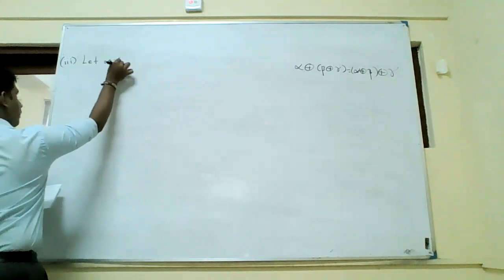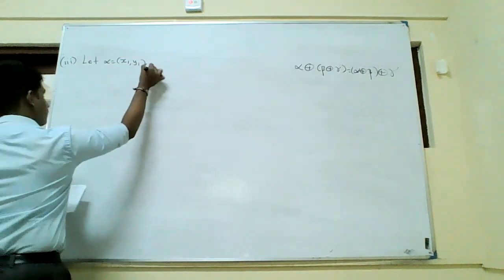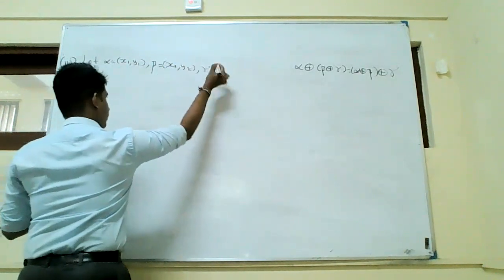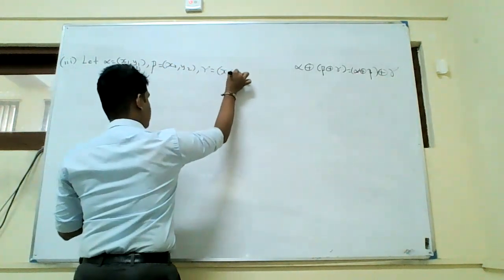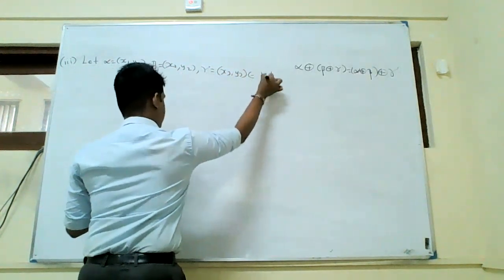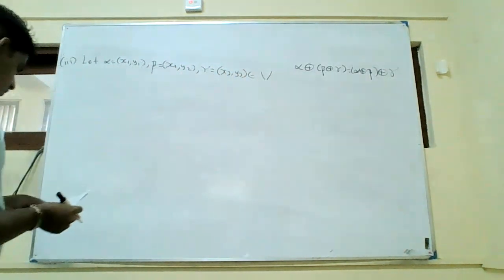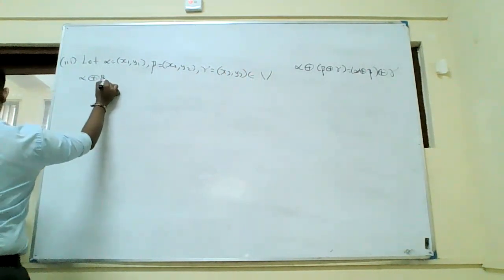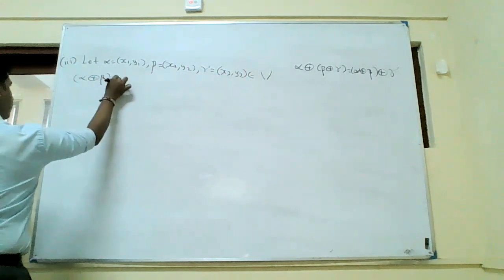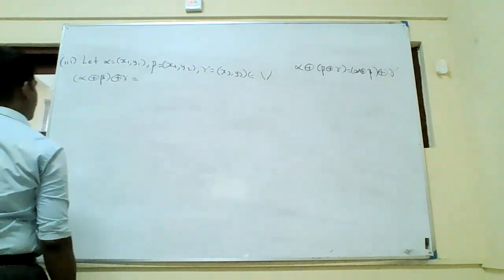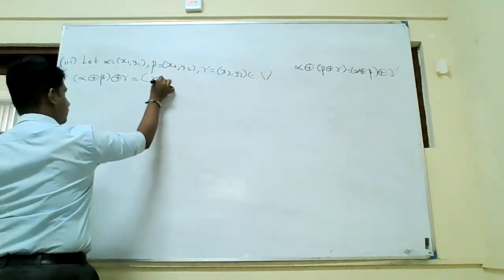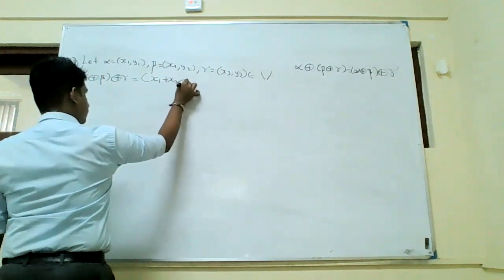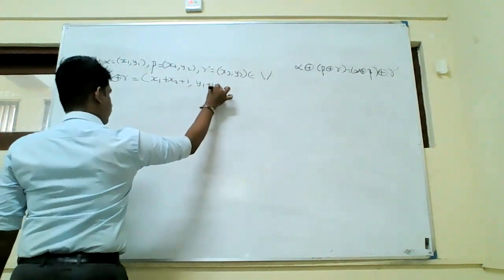Let alpha equal (x1, y1), beta equal (x2, y2), gamma equal (x3, y3) in B. Alpha plus beta equals (x1 plus x2 plus 1, y1 plus y2 plus 1).